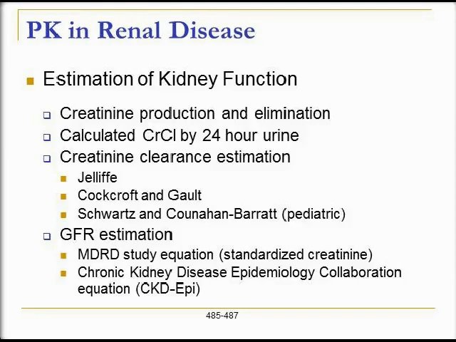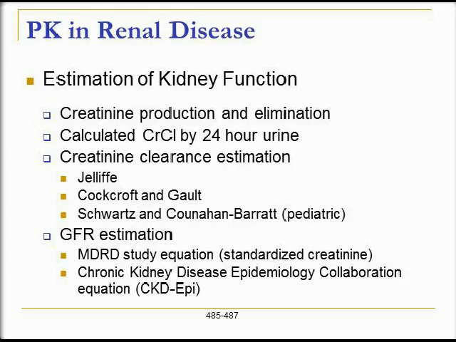So let's go through some information on pharmacokinetics in renal disease. So in renal disease, obviously, it's very important that we estimate renal function. And we do that by obtaining a creatinine concentration. Creatinine is nice because it's produced around the clock constantly, and it's eliminated solely by the kidneys, primarily by glomerular filtration, although there is some secretion as well.